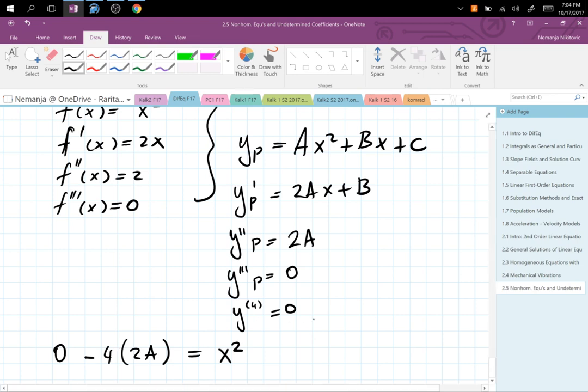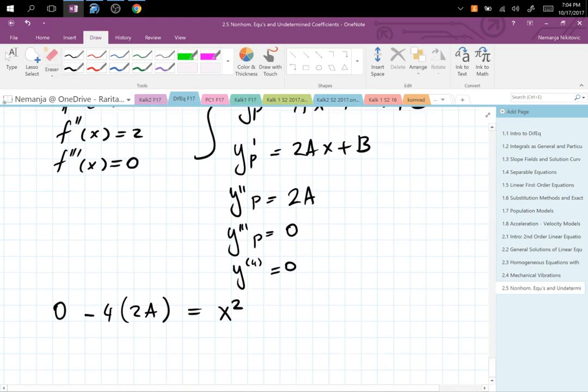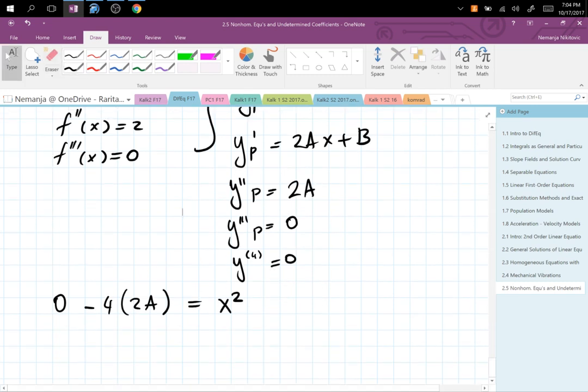0 for the 4th minus 4 times y double prime is equal to x squared. Good. So now you compare this, we have negative 8a equal to x squared.